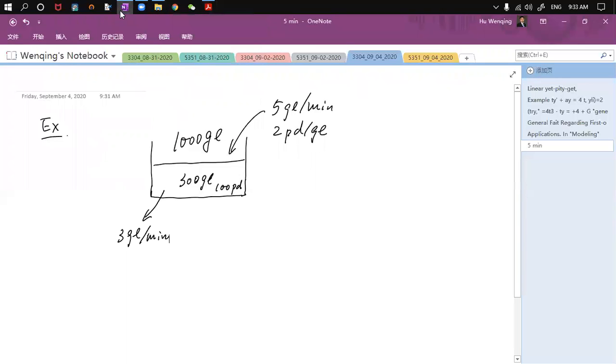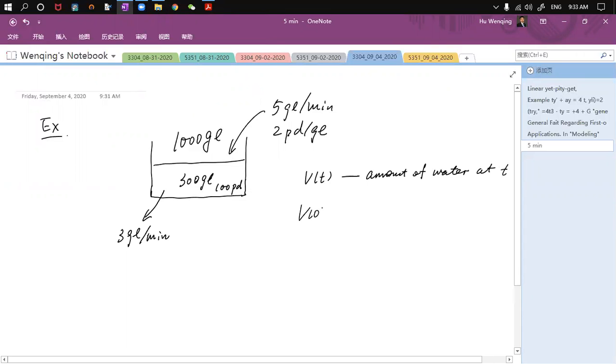So that's a quite naive, simple-minded question, because if you use the volume V(t) to be the amount of water at time t, then you're going to see that V(0) is equal to 300. And how does V(t) grow? Well, there are 5 gallons per minute into it and 3 gallons per minute out of it.